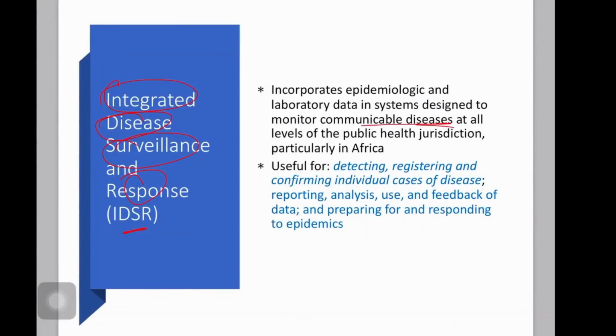As this is a mix of several approaches, it's useful for detecting, registering, and confirming individual cases of disease, and also helps in reporting, analysis, and providing feedback, and even preparing for and responding to an epidemic.